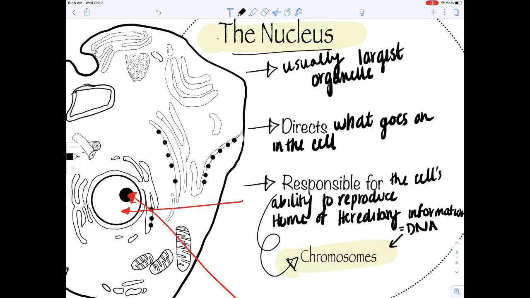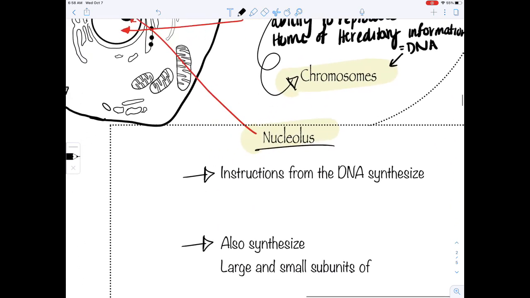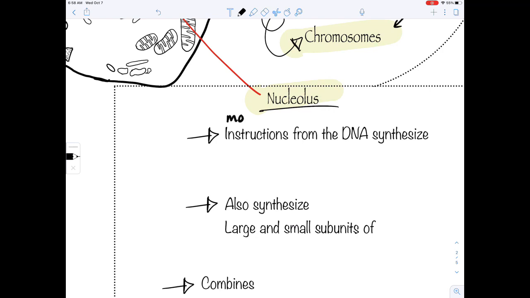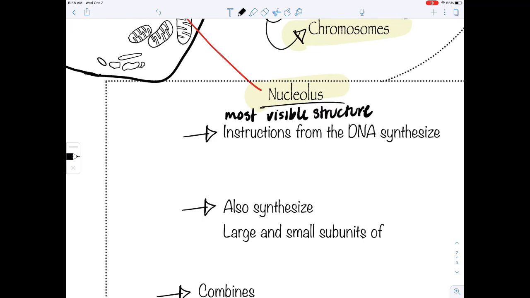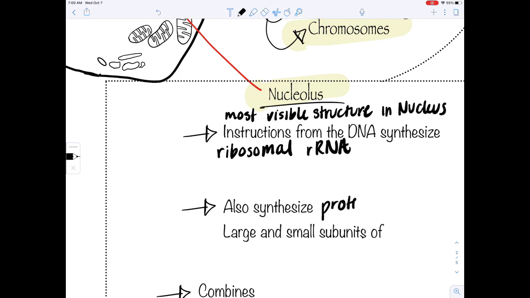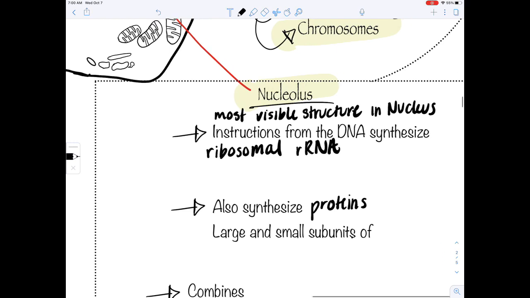Now, within the nucleus, we are going to have our nucleolus. The nucleolus is the most visible structure that we see in the nucleus. Okay, the nucleolus is going to take instructions from DNA and synthesize ribosomal RNA. It also synthesizes proteins, and it has large and small subunits of ribosomes.